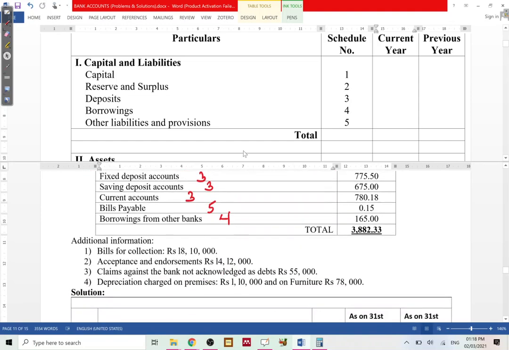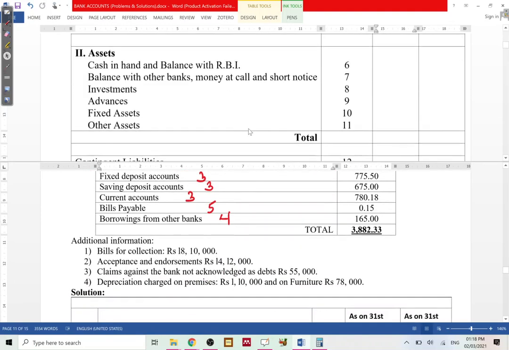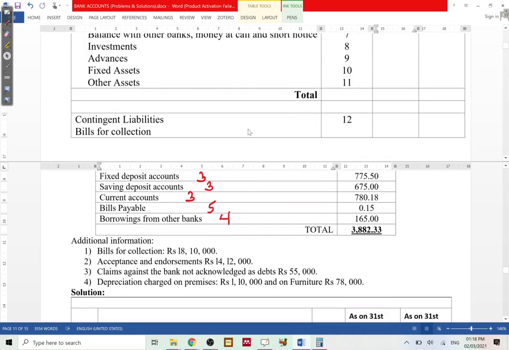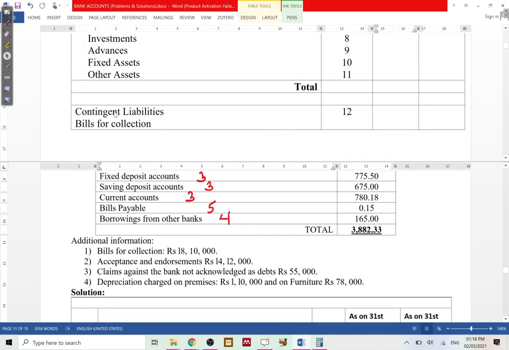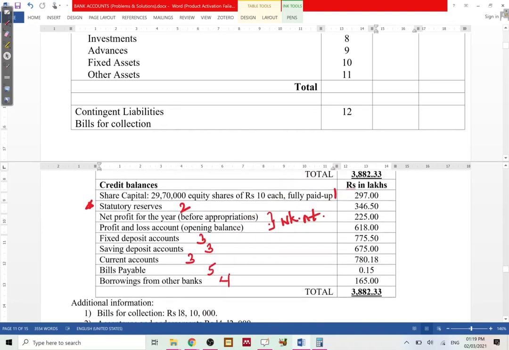Okay. Now, there are some adjustments given, and you're provided with those amounts that will fall under those adjustments. So you have bills for collection 18 lakh 10,000. Of course, you have to show the reduced amount.